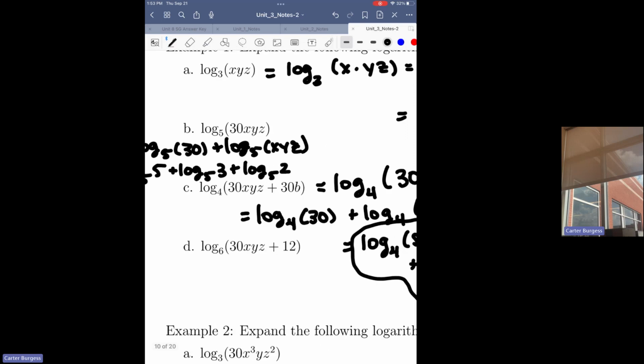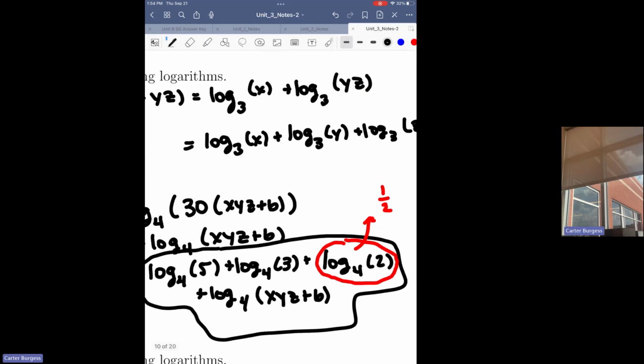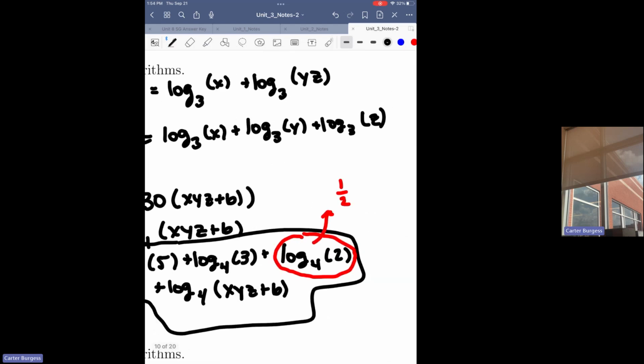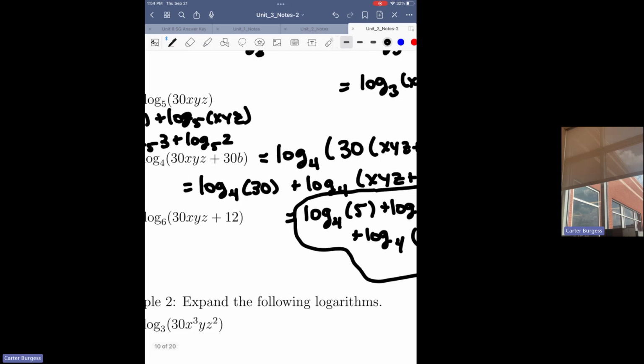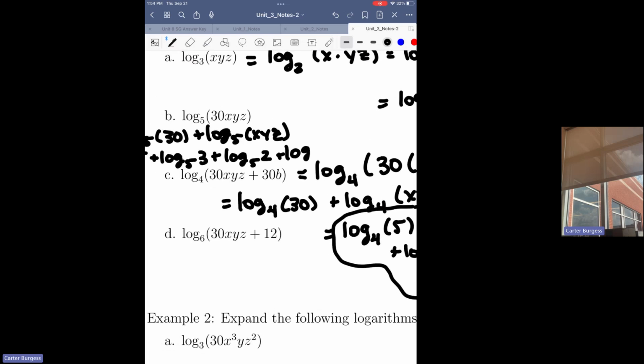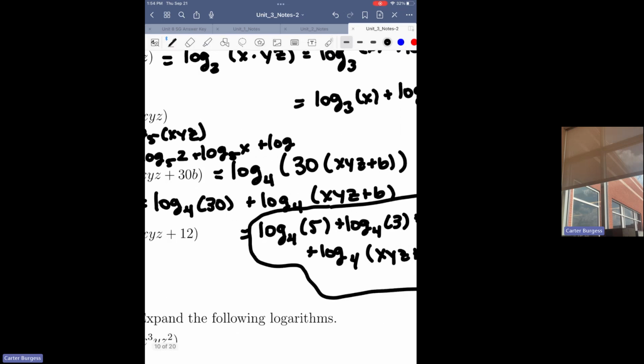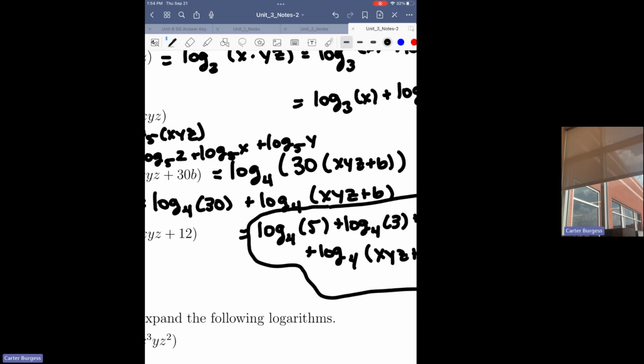And then how is my xyz going to split up? Pretty much exactly like what we saw from example 1, right? So this will be log base 5 of x plus log base 5 of y plus log base 5 of z.